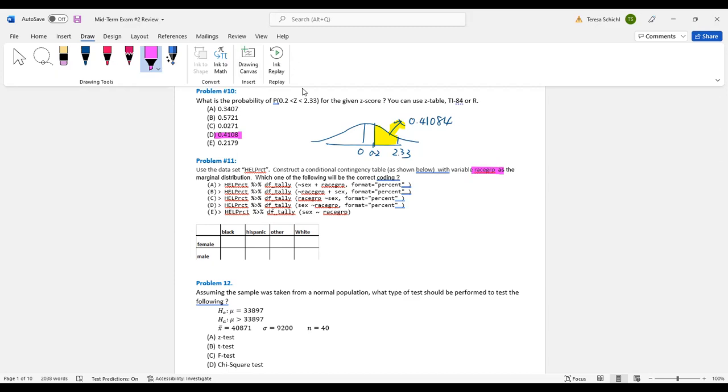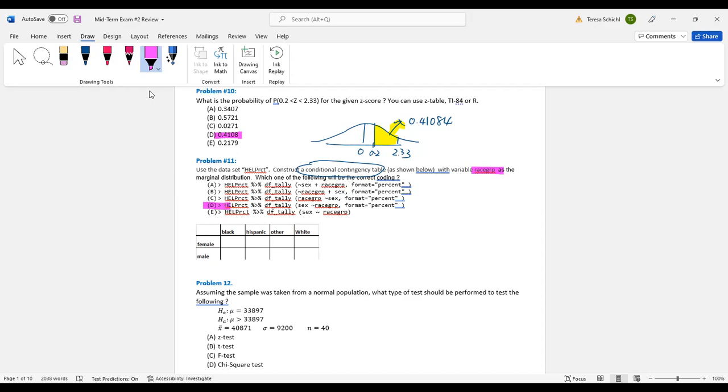Which of the following is the correct coding here? When I talk about the conditional contingency table, conditional means what is under the race groups here, right? So the correct answer for the code here is part D.